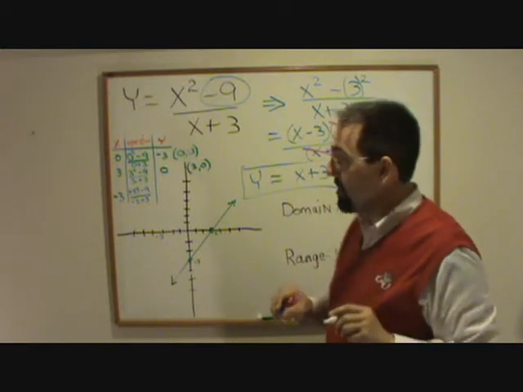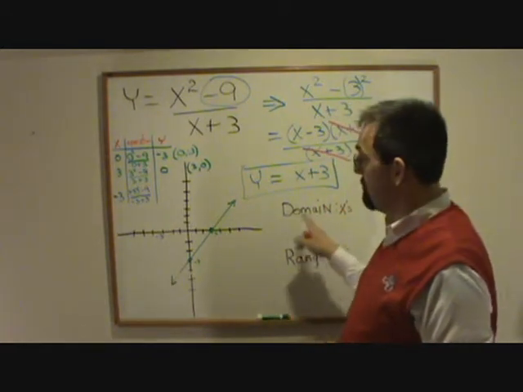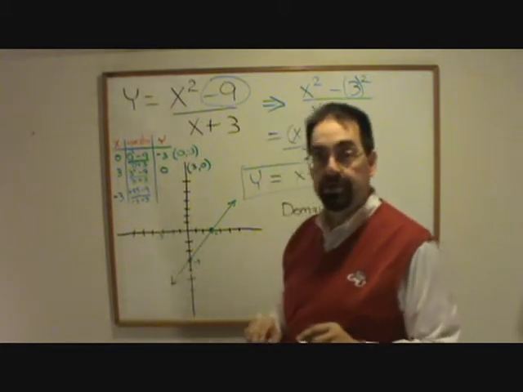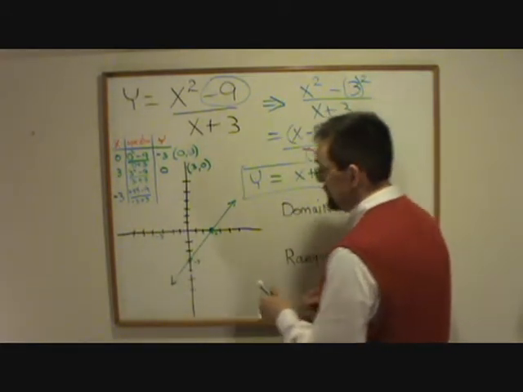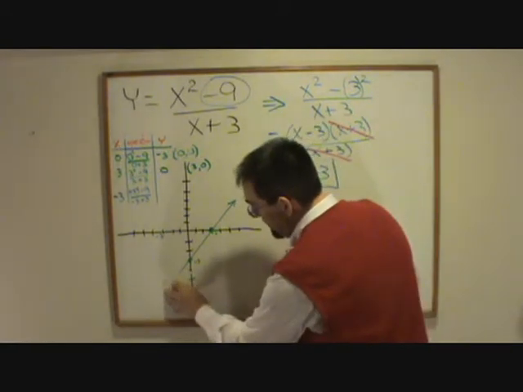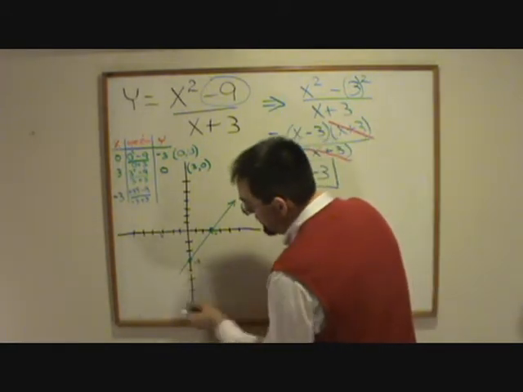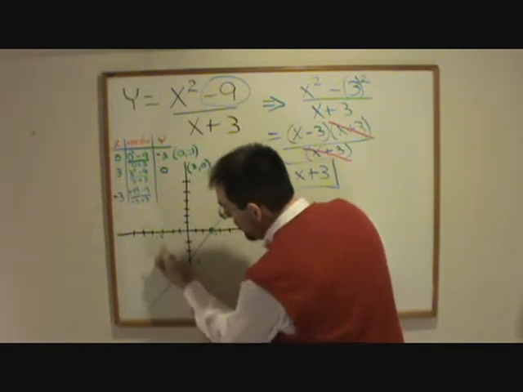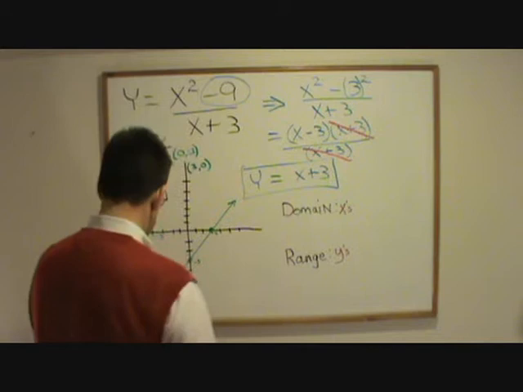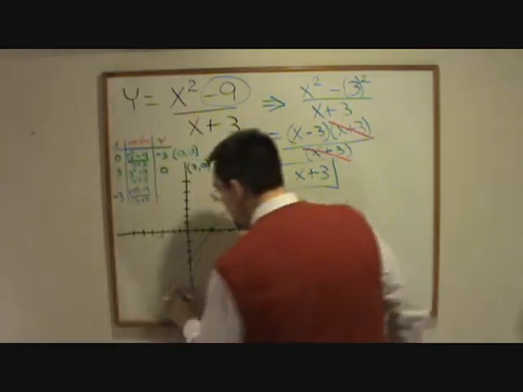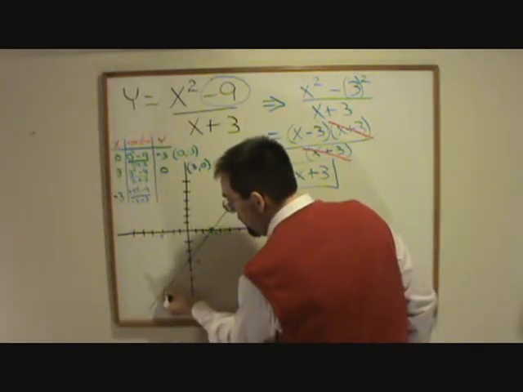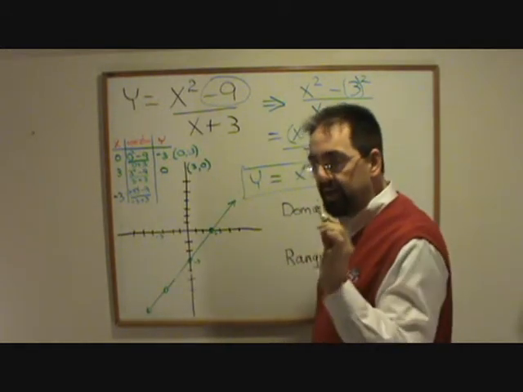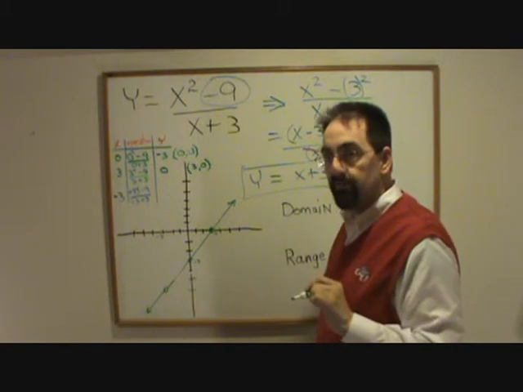So we have a problem when it comes to our actual domain. It doesn't work at x equals minus 3. So if we were to erase this and continue this line down, we would notice that we have a hole right here. We can never have x equals minus 3.